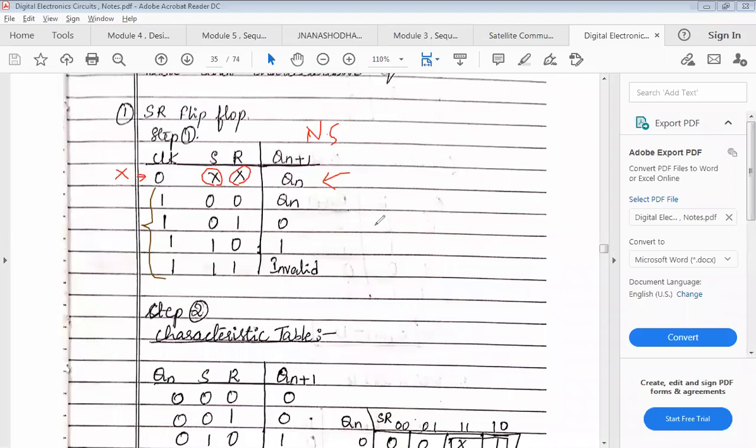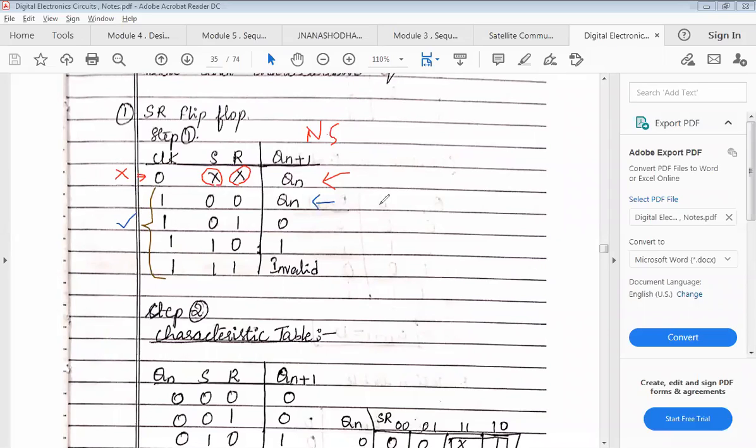Right, so now let's get started with the combinations. We will take 4 cases: 0 0, 0 1, 1 0, 1 1. In all these 4 cases we will keep our clock high, which means we are giving some valid inputs. The first state, let's take 0 0. When I give 0 0, there's nothing given, so the output is going to remain whatever is in the memory.